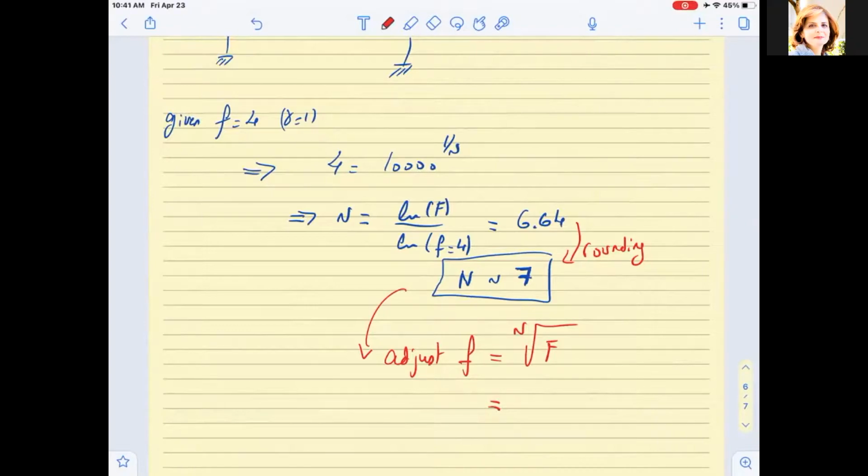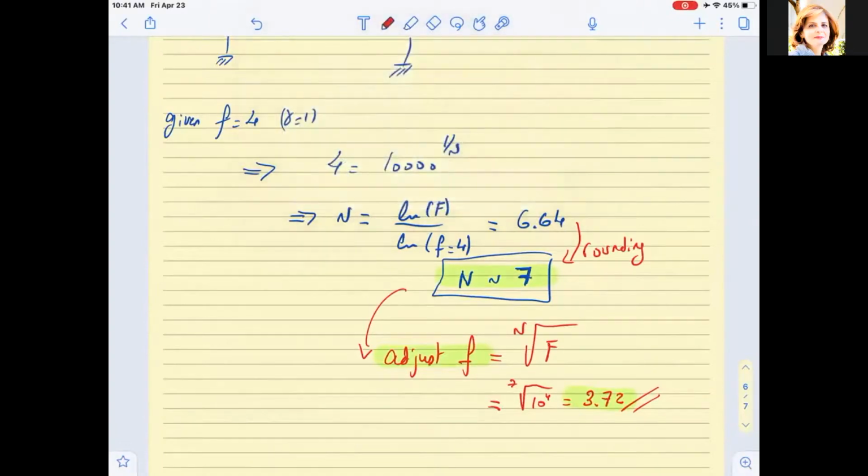It is going to be the 7th root of 10 to the 4, which comes out to 3.72. Now I have my N, I have my adjusted F.